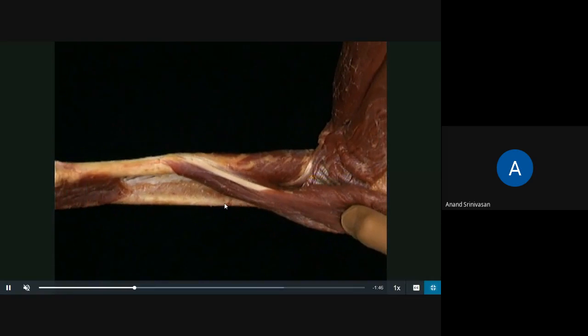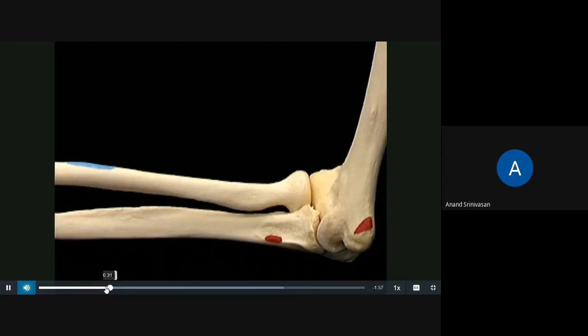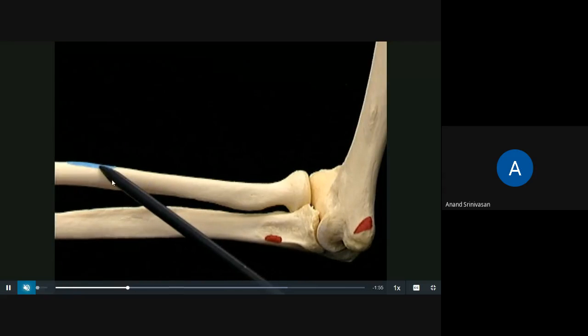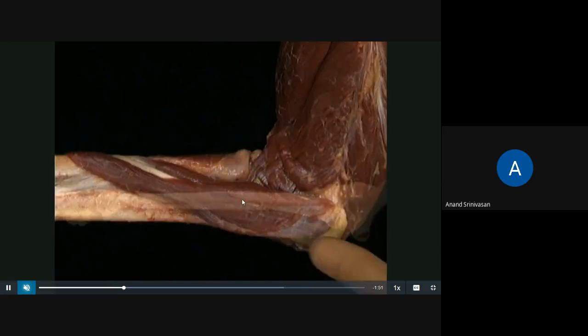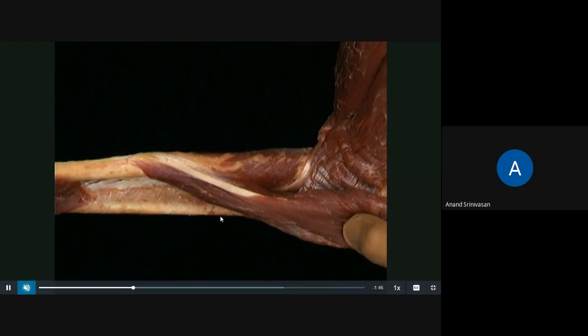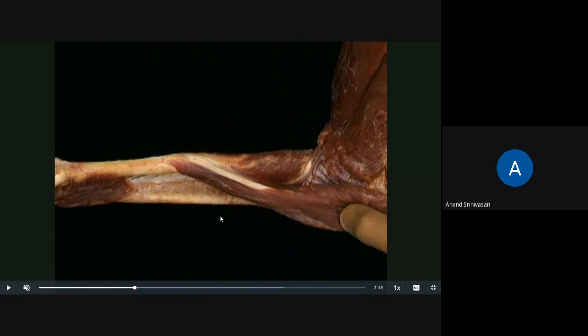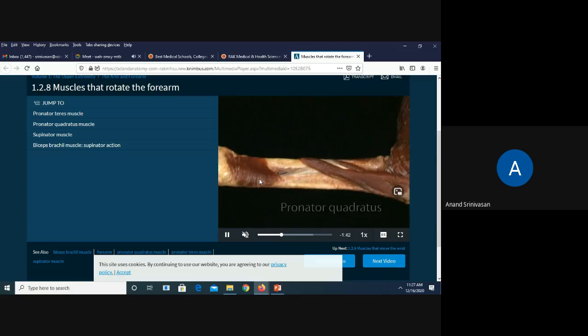Look, he is also describing why it is called pronator, because when this muscle contracts, pronation takes place. So like this, he will be describing each of these muscles.